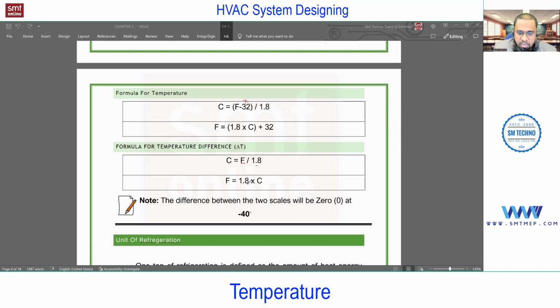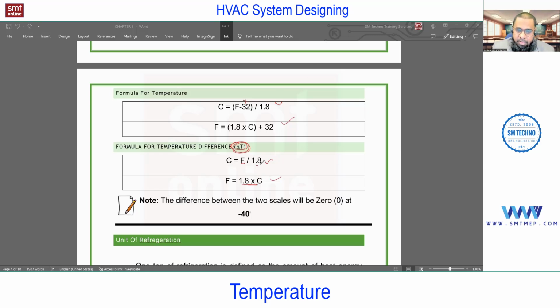Similarly, F equals 1.8 C plus 32 is not applicable. So when converting a temperature, use this formula. When you want to convert a temperature difference, 32 is not applicable. Very basic and important. Clear? We'll use this at the time of load calculation.